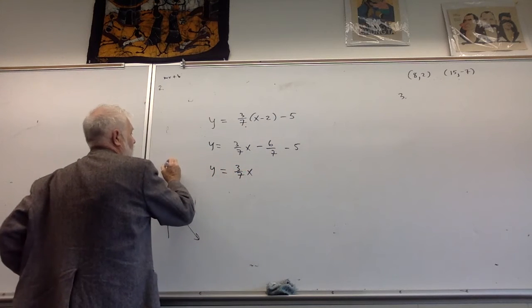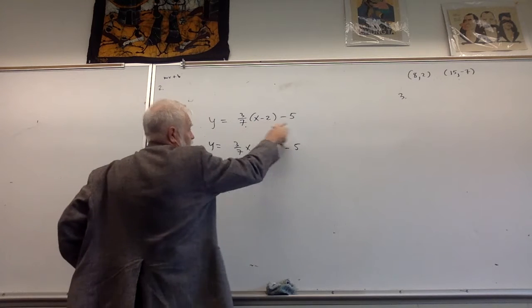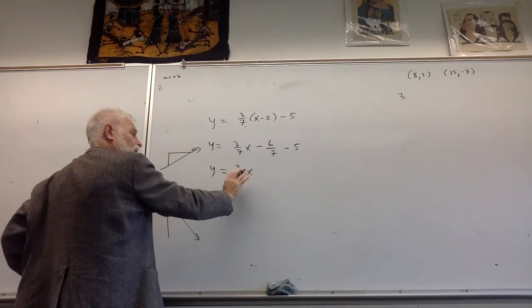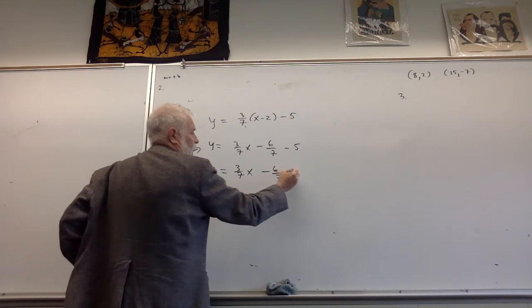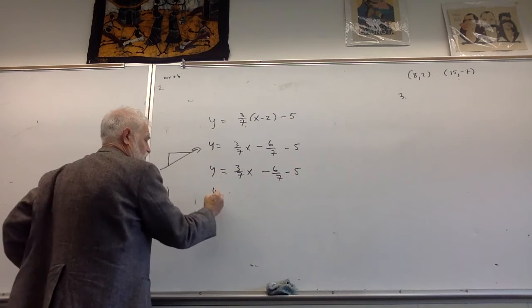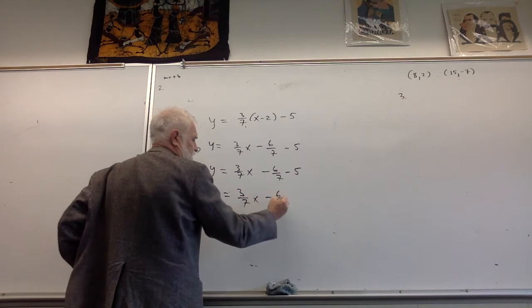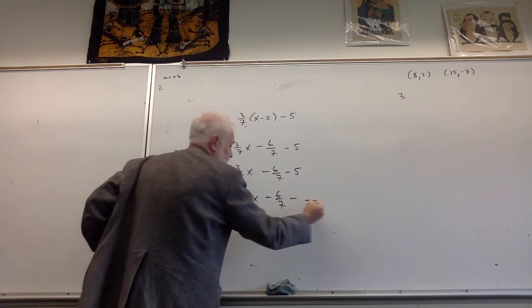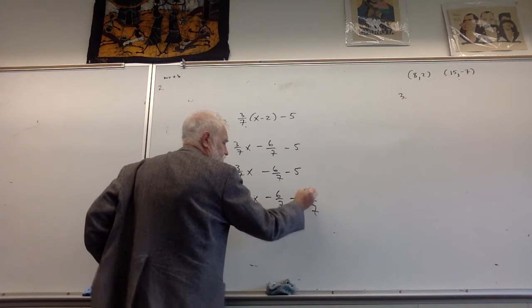I have a function that's going up 3 and over 7 like that through the point 2, -5, but we're going to build it off of the number 0 now. So this is minus 6/7 minus 5. That's y equals 3/7 x minus 6/7 minus, I got to get stuff over 7. Oh, it's the same number again, huh? 35.